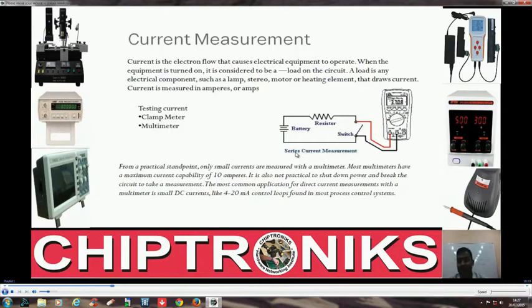So I will not advise my technicians to measure current in that case. Or if you really want to measure current, then you have to use a clamp meter.